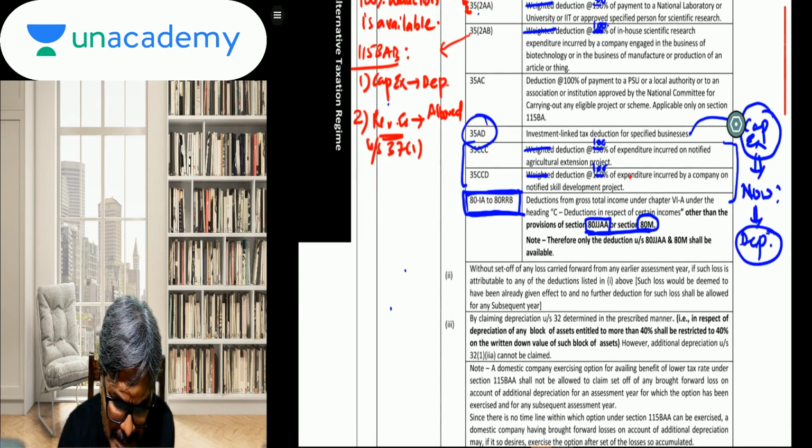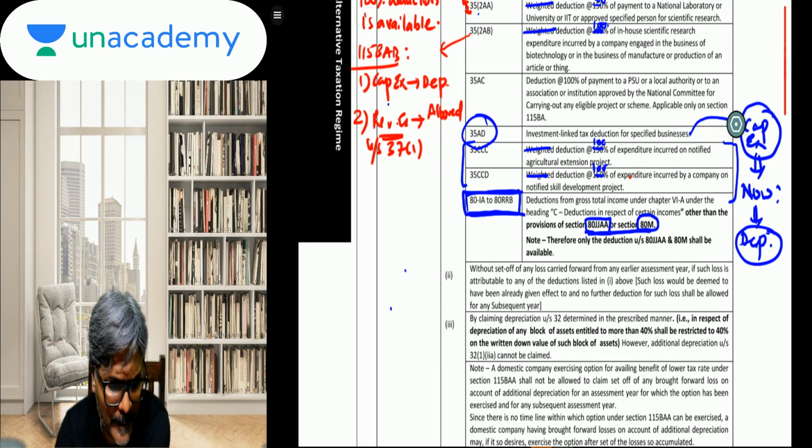35CCC and CCD, students. Can you see the deduction at 100% of the expenditure incurred on the notified agricultural extension project? Again, the next one, students, weighted average deduction at 100% of expenditure incurred by the company on a notified skill development project.